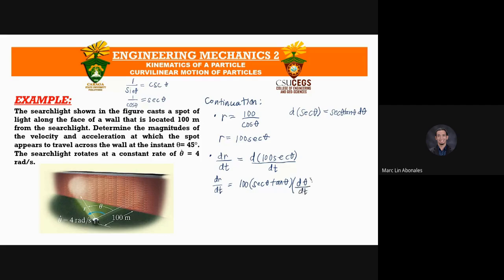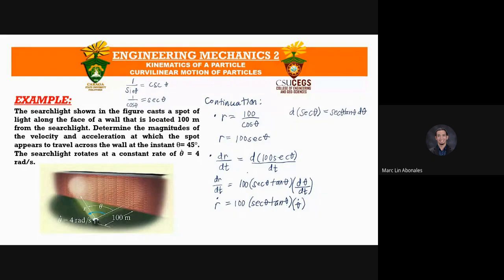The dr over dt is the r dot, and the d theta over dt is the theta dot, or what we call the angular velocity. So that is the first derivative of our r.